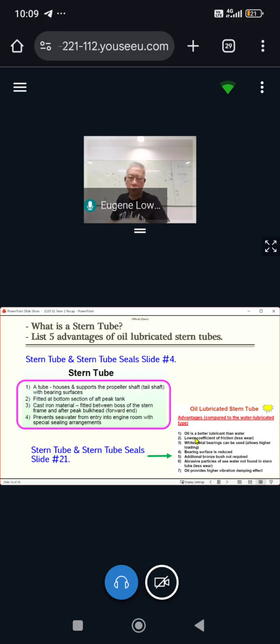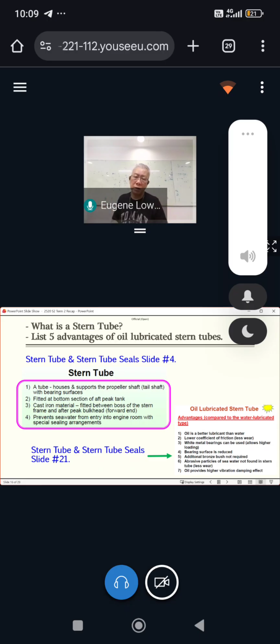Oil is a better lubricant than water. That's logical, right? Obvious also. Lower coefficient of friction, that means it will cause less wear and tear as compared with water lubricated stern tubes. Wear and tear of both the shaft and the bearing. And white metal bearings can be used in oil lubricated stern tubes because basically we are using bush bearings, right?